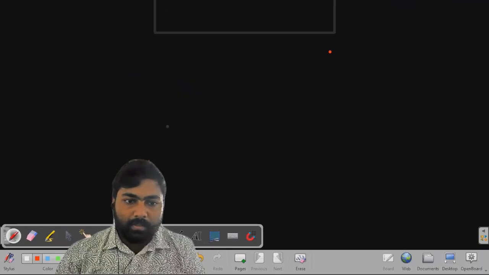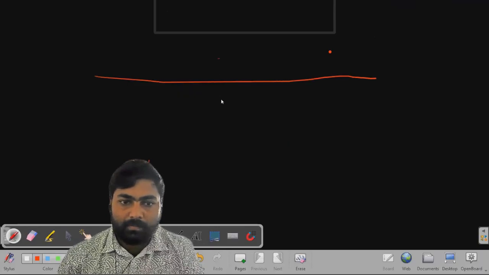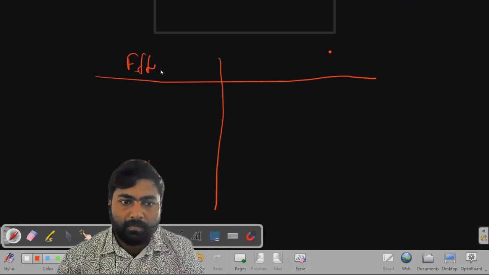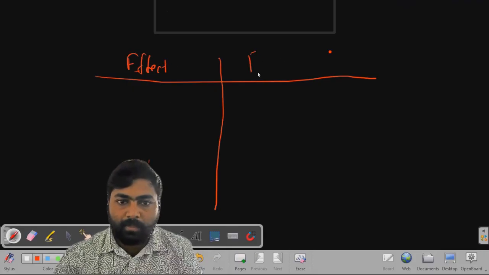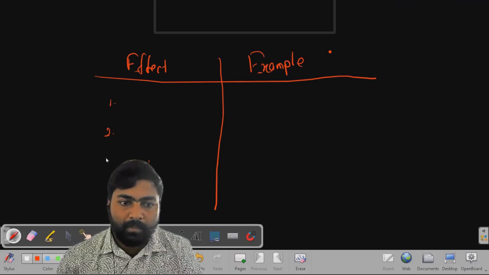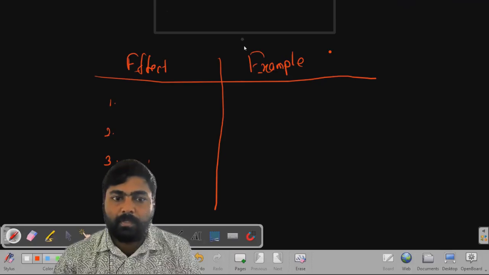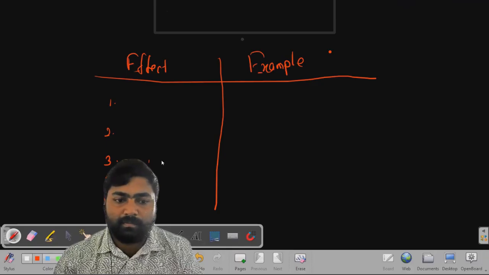Okay, then let's draw a table. This side effect, this side example. Effect and example. I will give you the effect, then you have to write an example for each one.